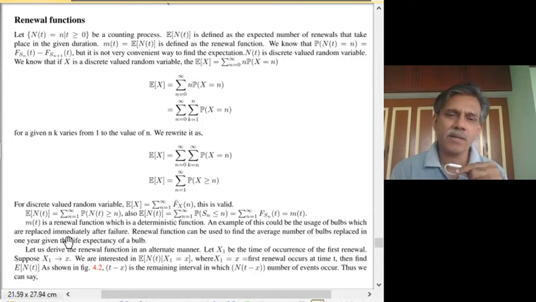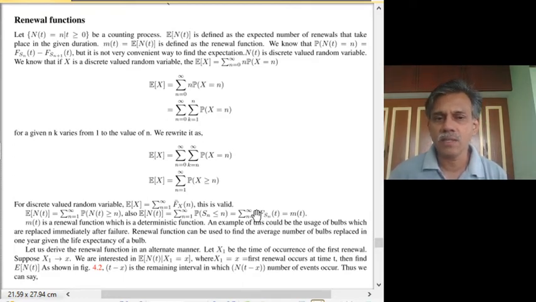What you might be interested in is, in 1 year, what is the expected number of bulbs that we have to put into use. Therefore, if you know the renewal function, given the lifetime of the bulb x, you would be able to characterize Sn of t, that is the distribution for the renewal of the 6th bulb, 7th bulb, and so on.